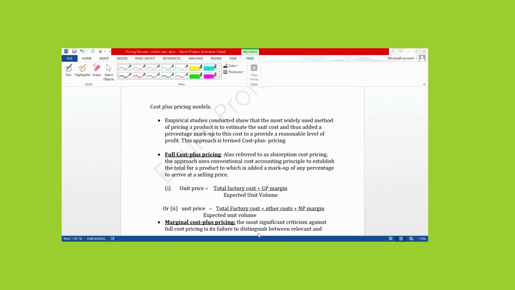Also, the product cost will have impact on the selling price. The cost of production will influence the selling price of a product.